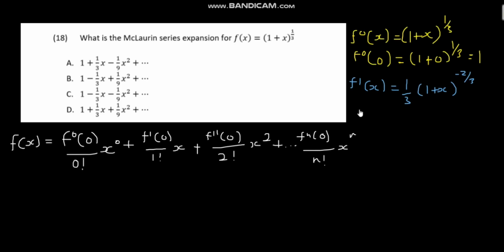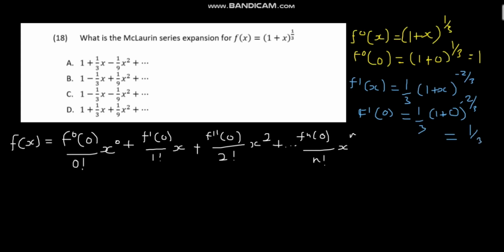Now let's find the first derivative of the function at 0. This will be equal to 1 over 3 multiplied by 1 plus 0 to the power minus 2 over 3. So this will be equal to 1 over 3.